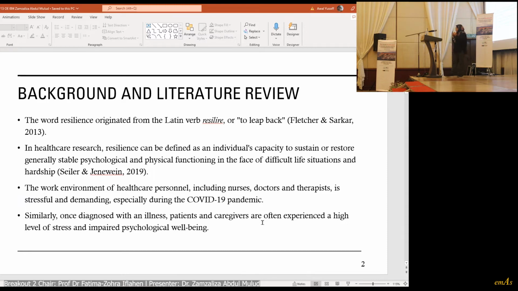During COVID-19, the work environment of healthcare personnel, including nurses, doctors, and therapists, is stressful and demanding. Similarly, once diagnosed with illness, patients and caregivers often experience a high level of stress, especially during COVID-19, where limitations of movement impacted their psychological well-being.